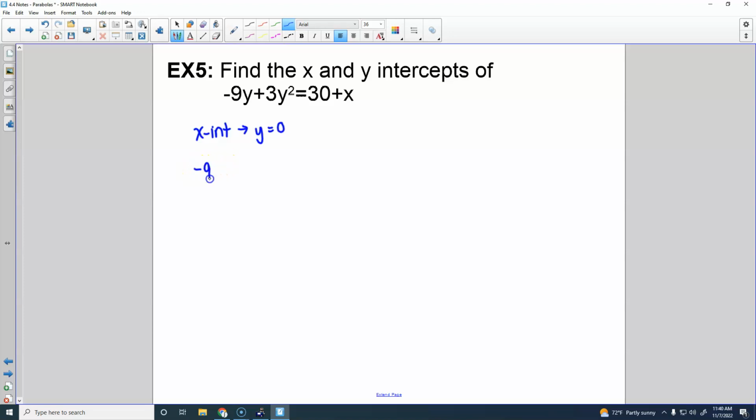So it's -9 times 0 plus 3 times 0 squared equals 30 plus x. And then, so that's just 0 equals 30 plus x. And you would subtract that 30 there. So we'd have -30 equals x. So -30, 0 would be your x-intercept for this.